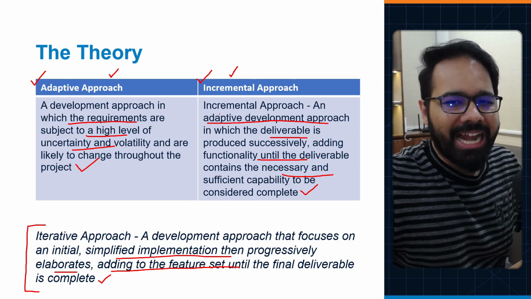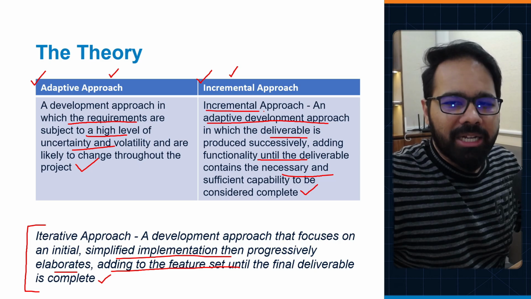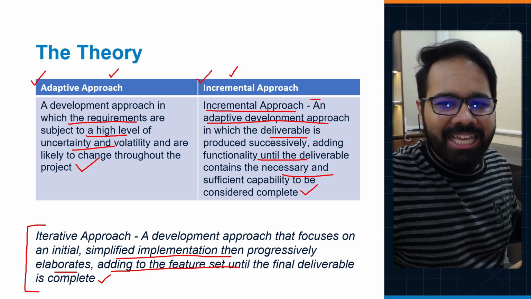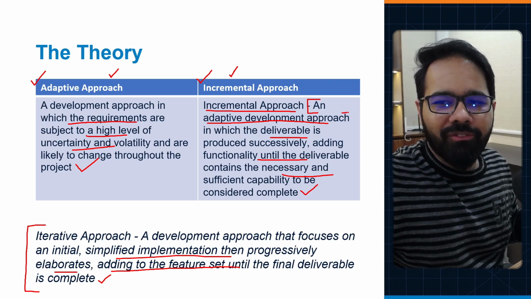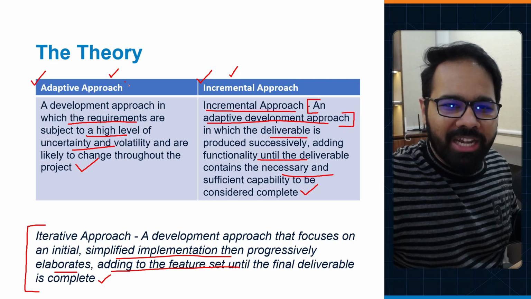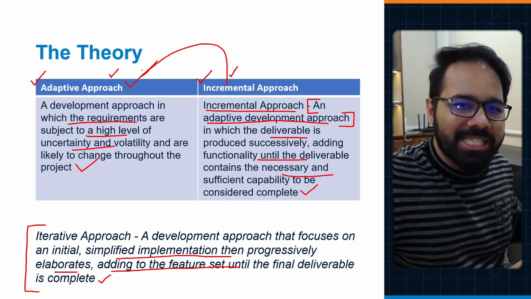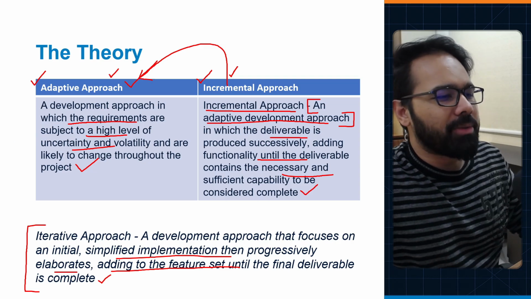And that is the fact that the incremental approach, from the definition of the PMBOK guide itself, is an adaptive development approach. So an incremental approach is basically a type of adaptive approach itself.